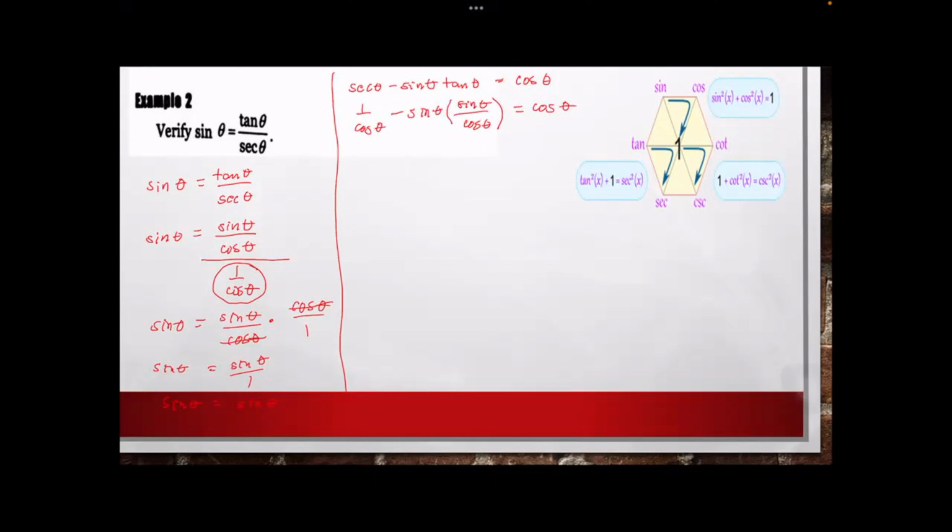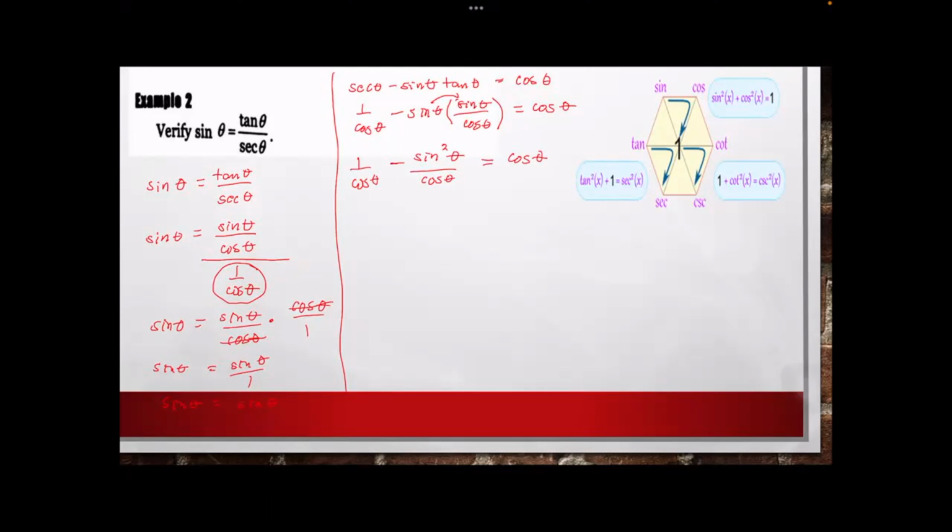Now, in the given, ano yung possible nating i-cancel, kung meron man? Okay, so wala siyang possible, kasi pareha silang nasa numerator. So, gagawin natin dito is 1 over cosine theta minus, multiply natin to dito sine theta, multiply by the sine theta. Magkakaroon tayo ng sine squared theta over the cosine theta is equal to cosine theta.